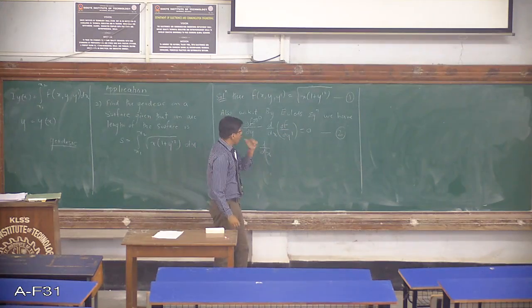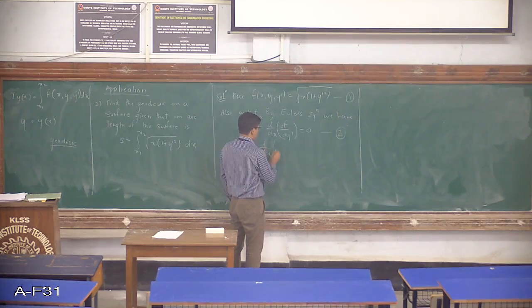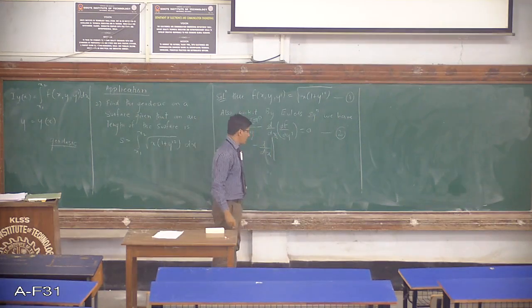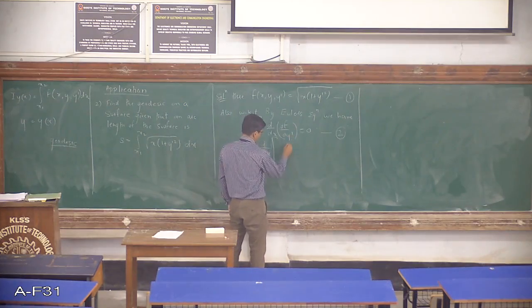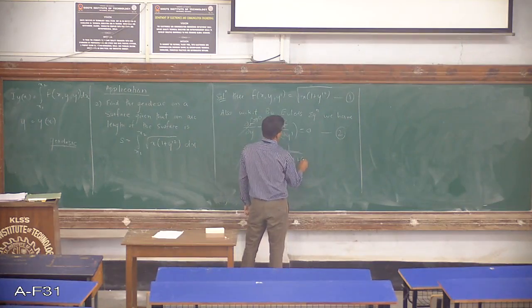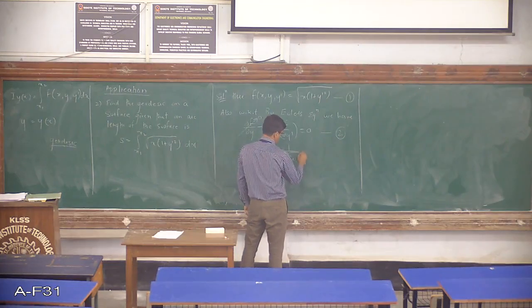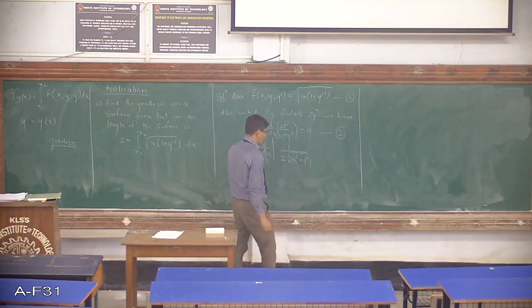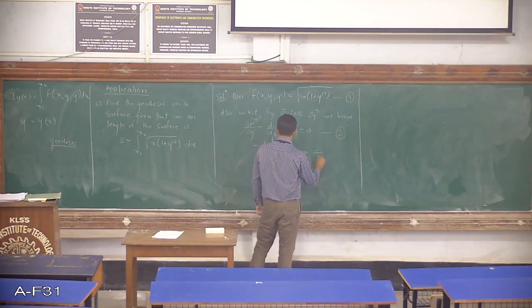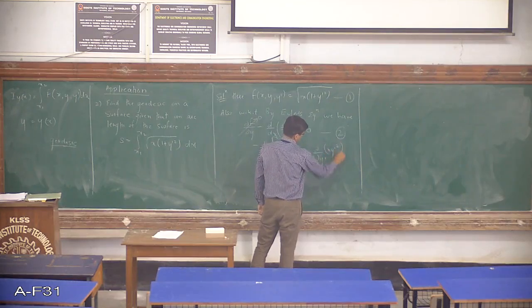This is a composite function, so inside the bracket dou f by dou y prime is 1 upon 2 root of x into 1 plus y prime square, into dou by dou y prime of 1 plus y prime square.